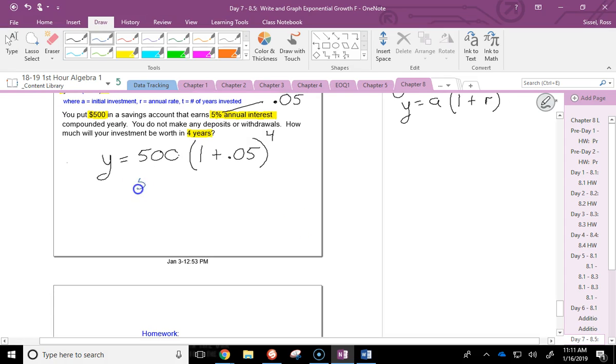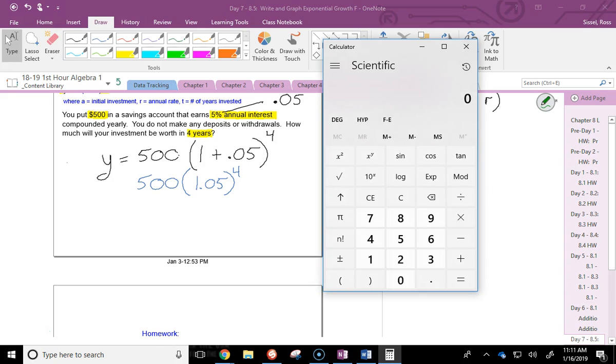So when we do this work, we first simplify 500 times 1.05 to the 4th and bring up my calculator. 1.05 to the 4th power is 1.21550625. We could round to the nearest 10th or 100th, or I'm just going to leave this in here right now. And I'm just going to say times.